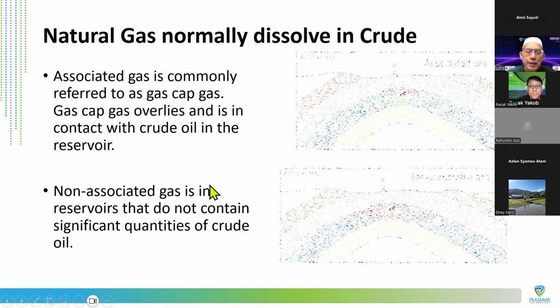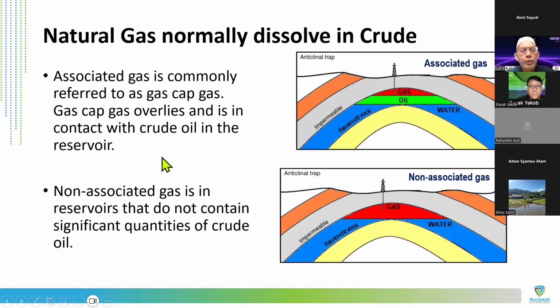Okay, and of course for natural gas, as you know, in the reservoir condition, when we have the oil trapped maybe 3 kilometers or 5 kilometers down in the earth, some of the oil is still intact. Gas sometimes is dissolved, so the remaining free gas will be at the top.